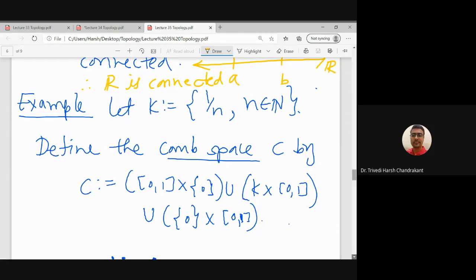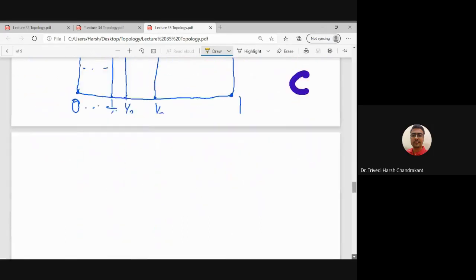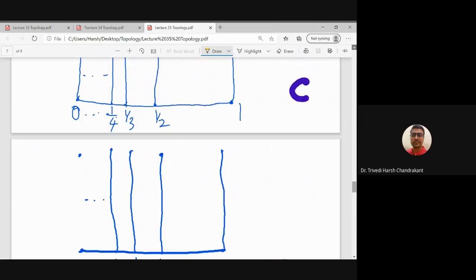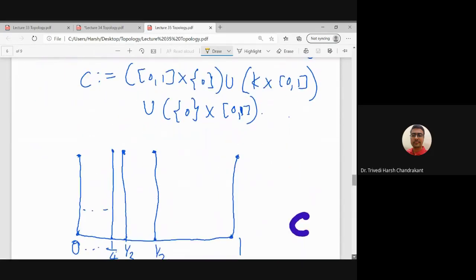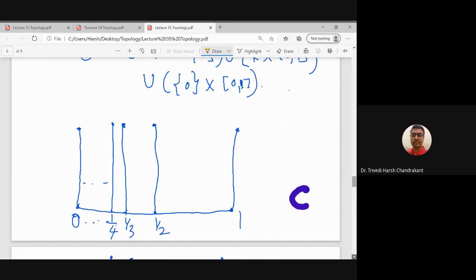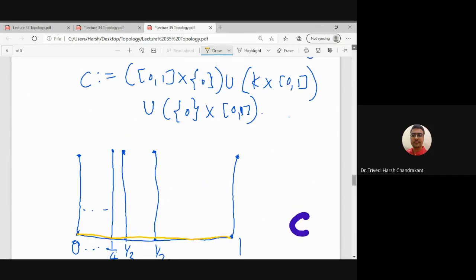The first set is the closed interval [0,1] cross 0, that means this line in the xy plane, and K cross the closed interval [0,1], where K is the set of elements 1 by n for every natural number.